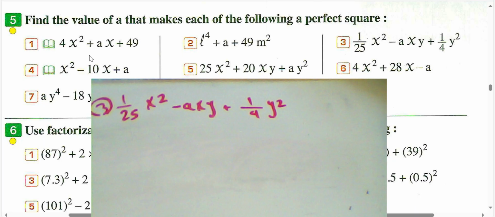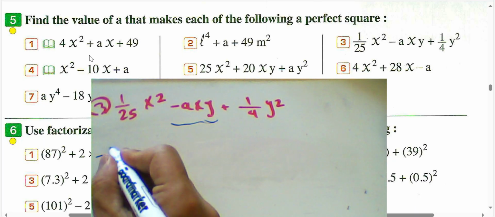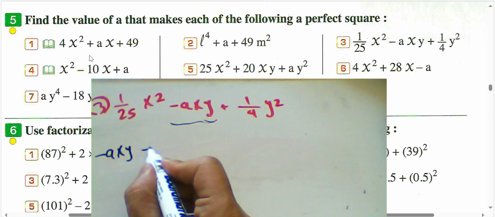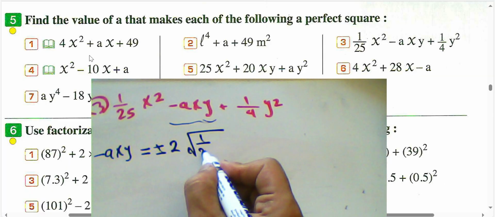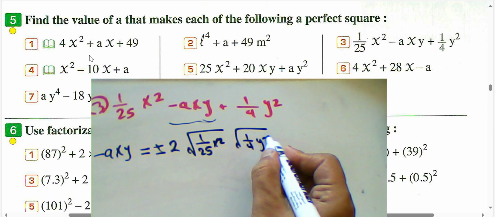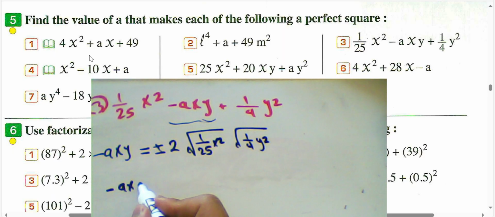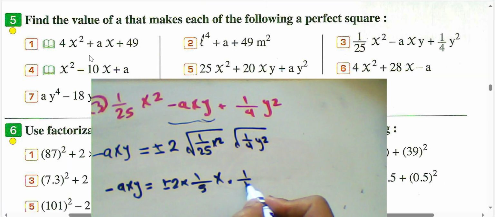This expression is also a perfect square. Then we have the middle term negative axy equal positive or negative 2 product by the square root of the first product by the square root of the third. Then we have negative axy equal positive or negative 2 times 1 over 5x product by 1 over 2y.